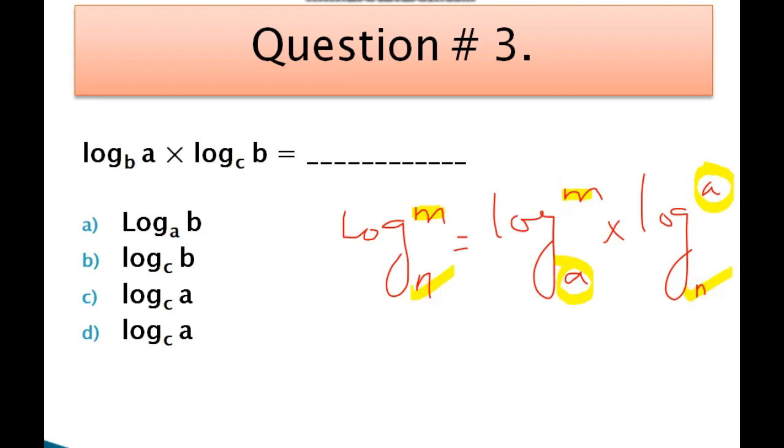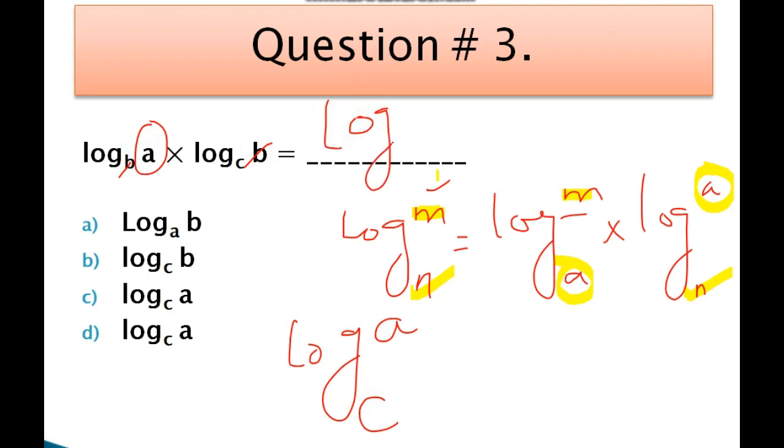Fine. So keeping that scenario in mind, we have to evaluate this, and this is log a, so it means that it will be start from log a. Fine. And it breaks at b. B is finished and ends at c. So it will be written as log a to the base c.